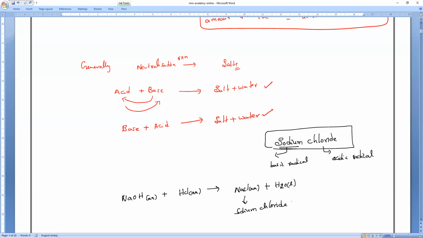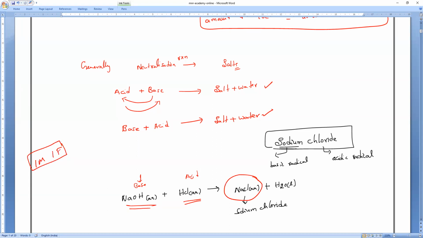If you notice, sodium chloride is formed from the respective acid plus the respective base. This is acid and this is what we used to call, everybody? Base. If you want to get a baby, as we know, one male parent and one female parent need to be together.